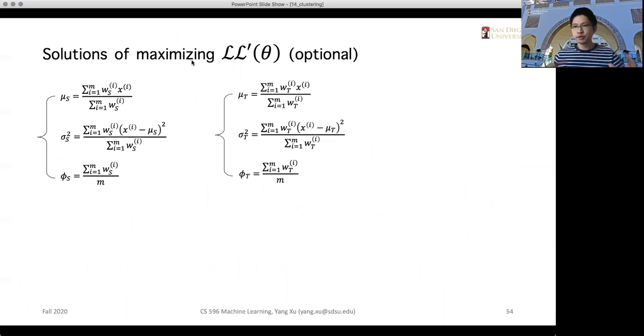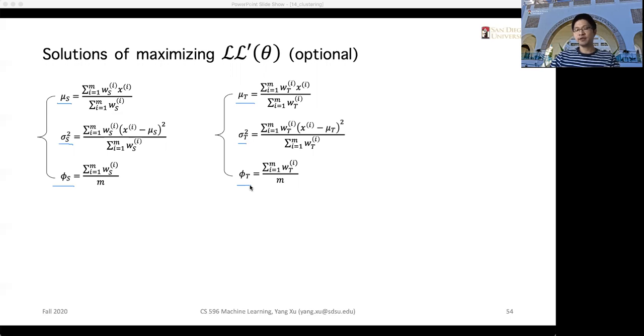We should be happy now because all of these solutions are obtained. Remember, we have 6 parameters: the mu for salmon, sigma for salmon, the prior probability of being salmon, the mu of tuna, sigma of tuna, and the prior probability of being tuna.